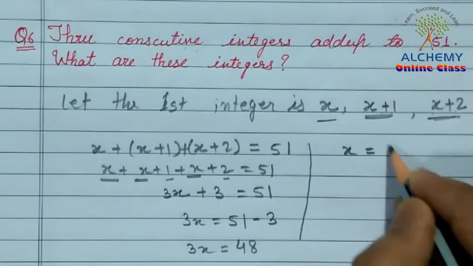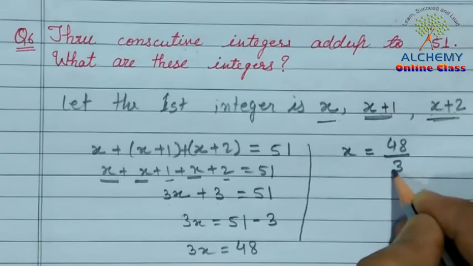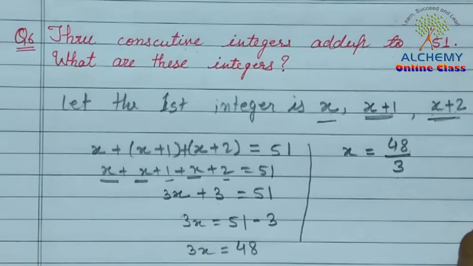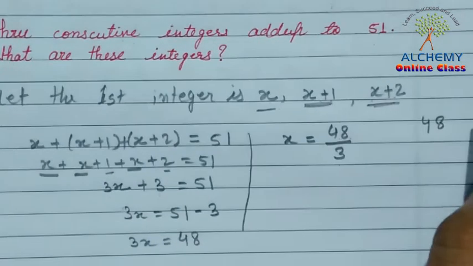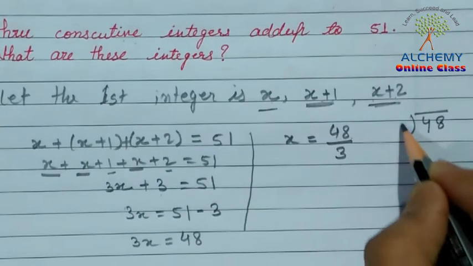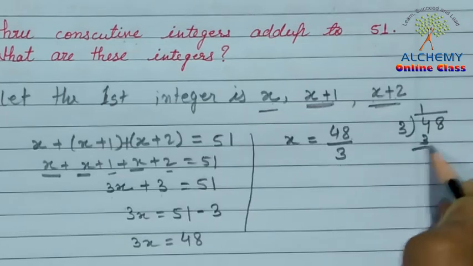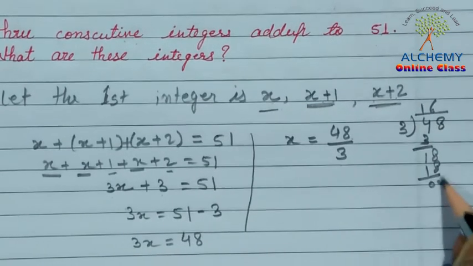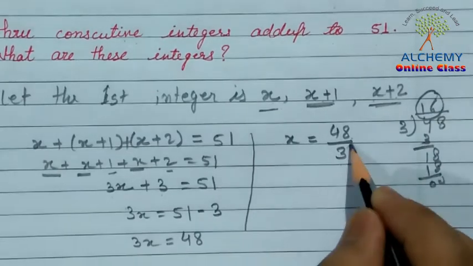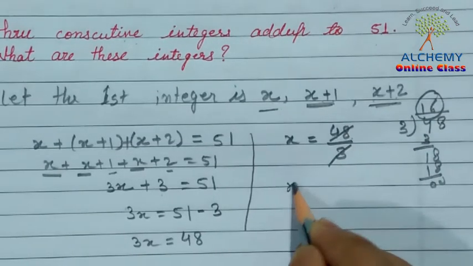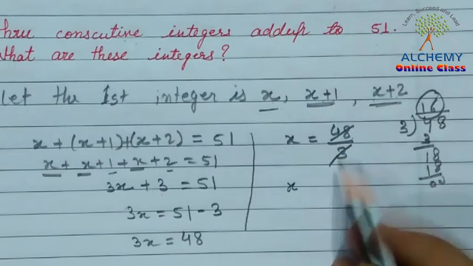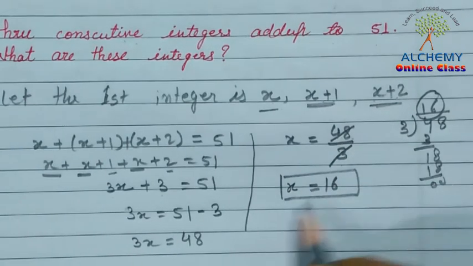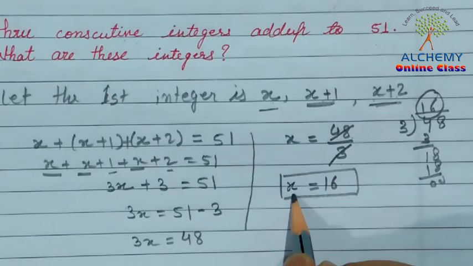So x is equal to 48 upon 3, and when we divide 48 by 3, 3 ones are 3, 3 sixes are 18, so we are getting the result 16. So finally we got the value of x as 16.